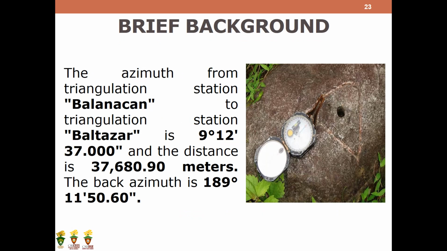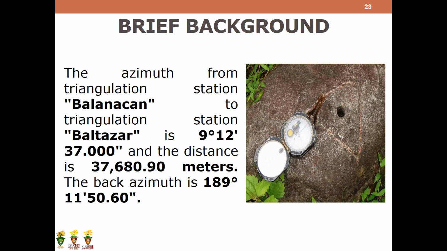The azimuth from triangulation Station Balanacan to triangulation Station Baltazar, since they could see and use a station on the other island, is 9 degrees 12 minutes 37 seconds, and the distance between Station Balanacan and Baltazar is 37,680.90 meters.